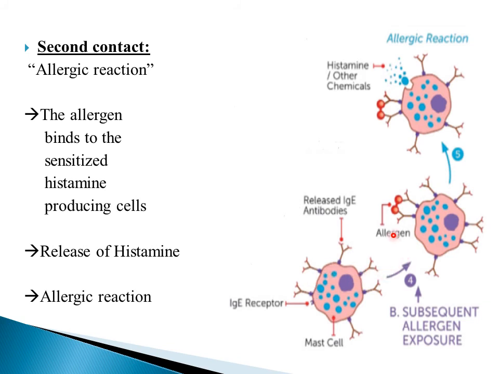Then, upon contact with the same allergen for the second time, the binding of this allergen to these antibodies stimulates the release of the histamine from the vesicles inside the mast cells. This release of histamine then results in the signs of allergic reaction.